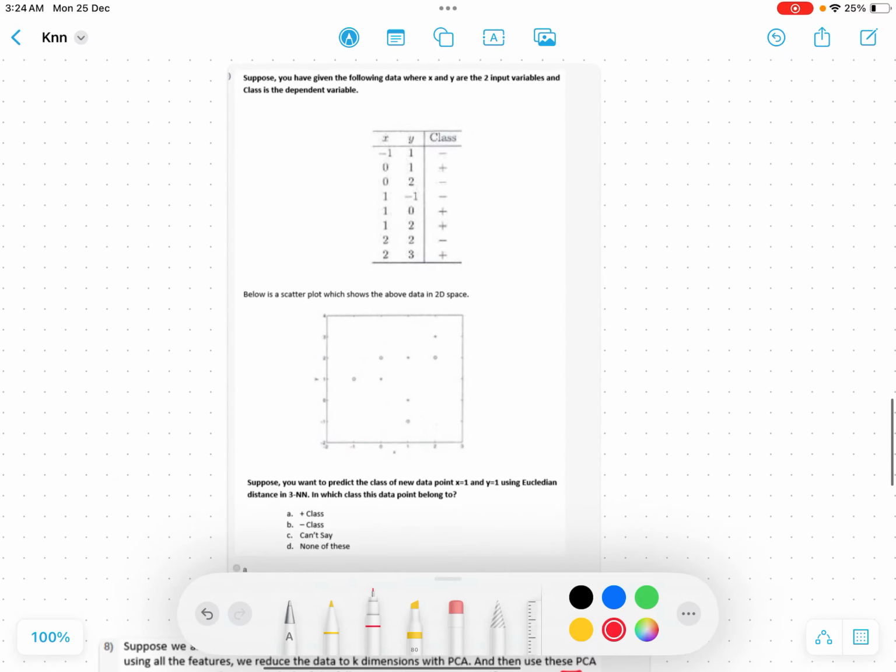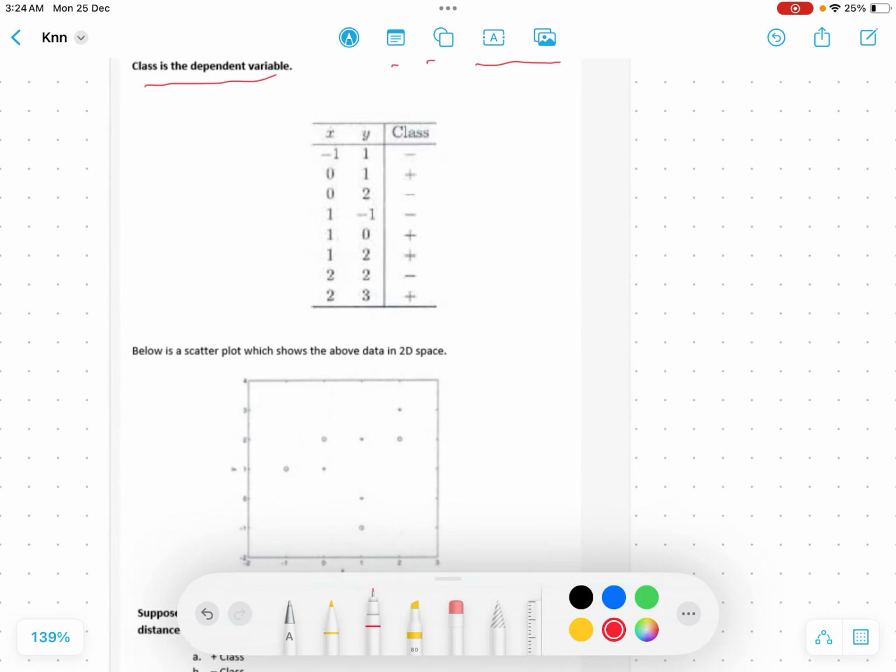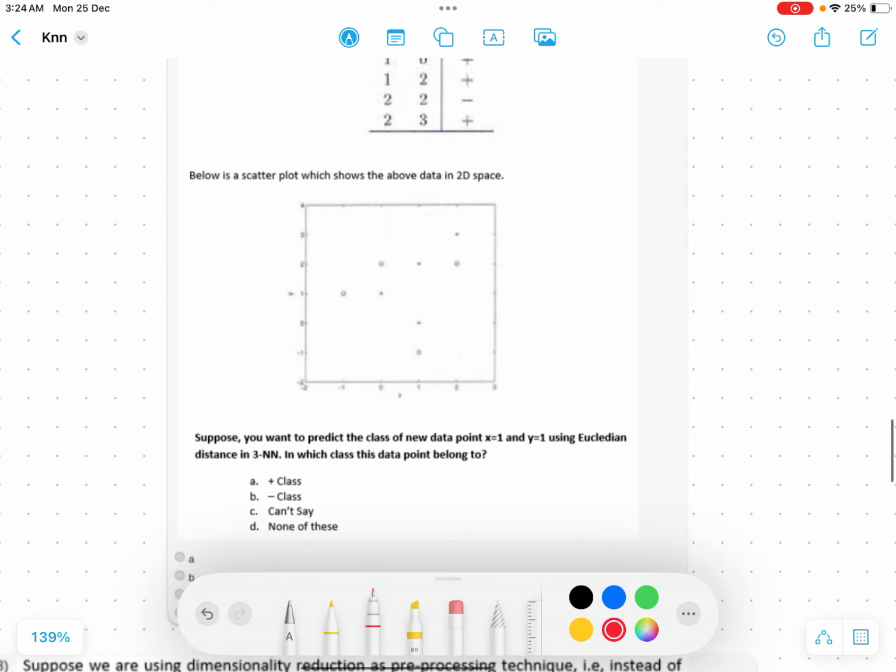Now let's look at the next question. You have been given the following data where x and y are two input variables and class is the dependent variable. We have been given this, and what class they belong to, and we have given the plot. These are the positive ones and these are negative, right?